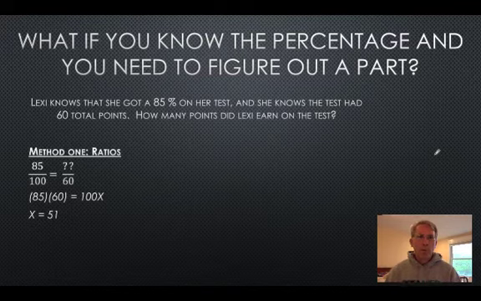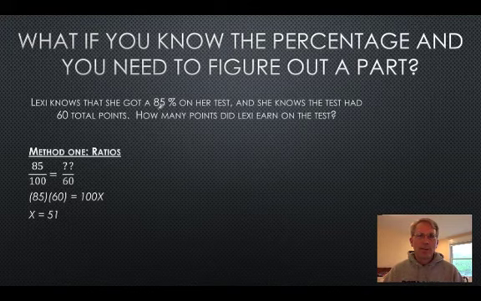There's one more thing that we're going to need to know, which is what if a problem gives you the percentage and then gives you the total amount of points, or gives you the points that you scored? How do you use the percentage in a formula? So let's use ratios this time. So let's say Lexi gets an 85% on her test, and she knows that the test has 60 total points.